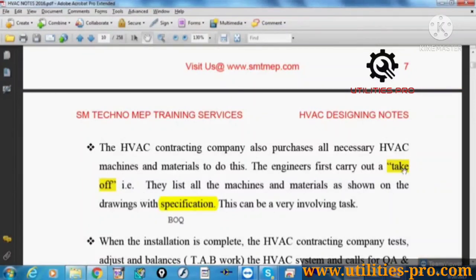Nothing but estimation of what? Material, not cost. So in a takeoff, they list all the machines and metal as shown in the drawing with specification. This is important. Why is specification important? Because as a contracting company, you follow the client's requirement in the specification, the client meaning the consultant. Suppose the consultant is asking for aluminum ducting in one area of a hospital project. This is the specification requirement.